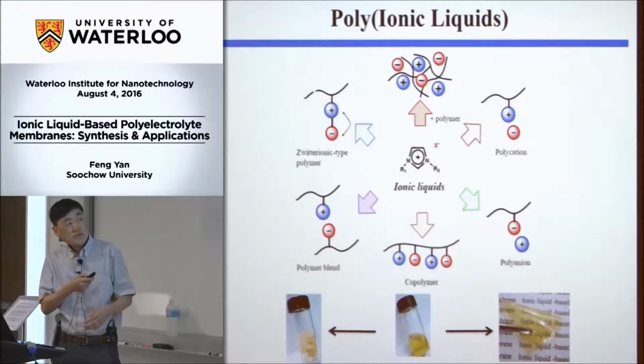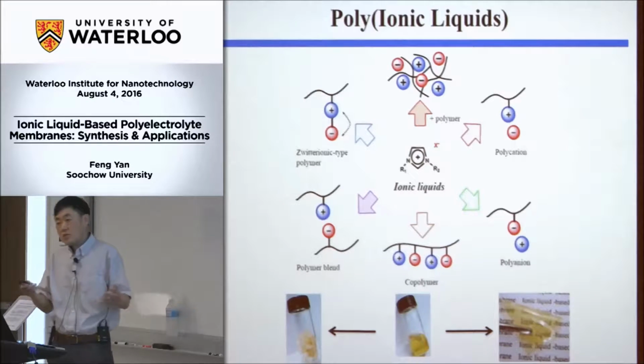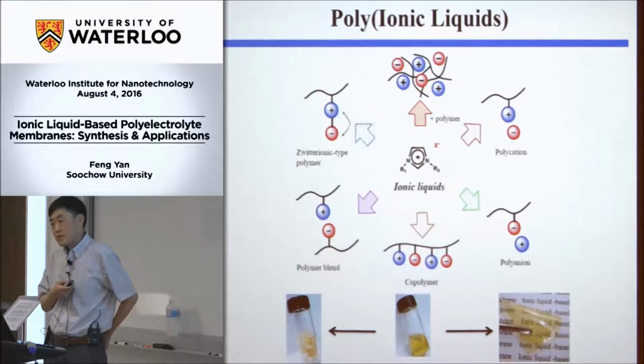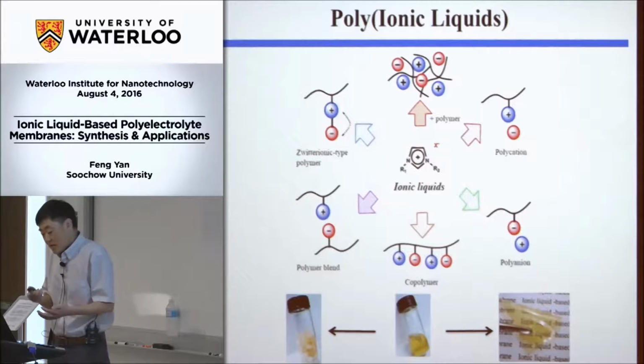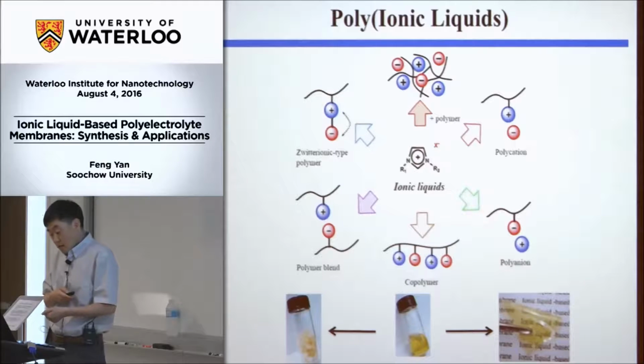You can attach double bonds to the cations or the anions, or both, and you can also co-polymerize with other monomers to make polyionic liquid electrolytes. Finally, you can get liquids, solids or gels, and also membranes, especially in my group. And that's what I want to talk about today.